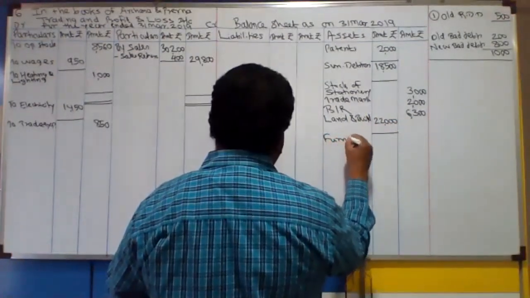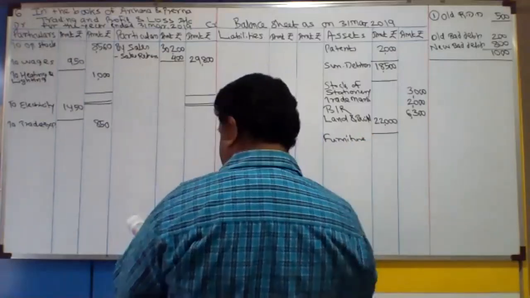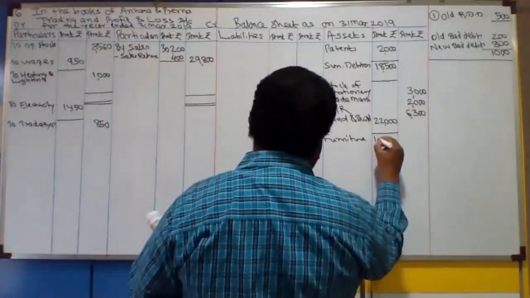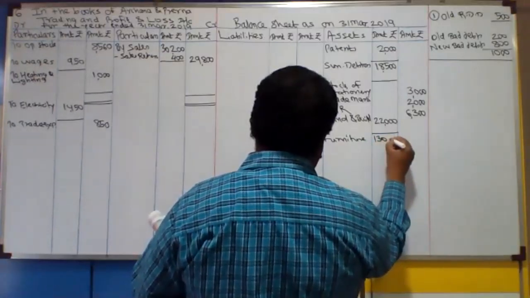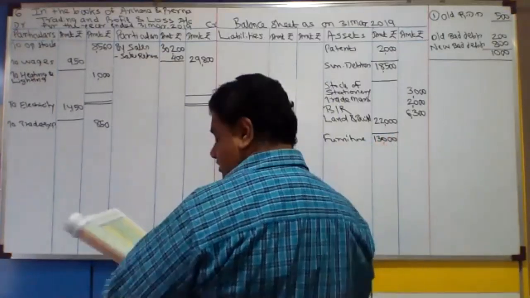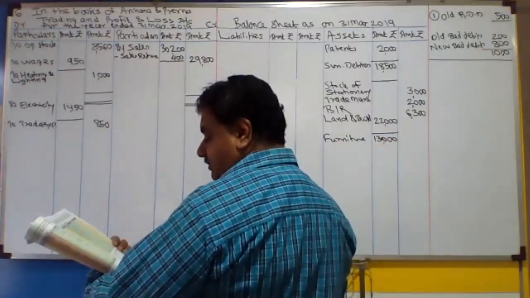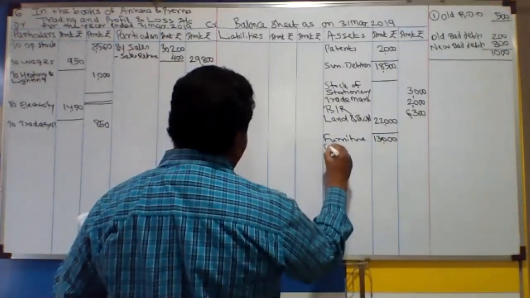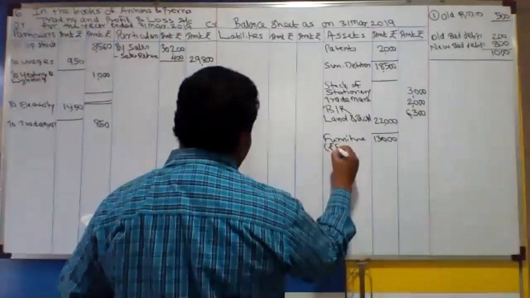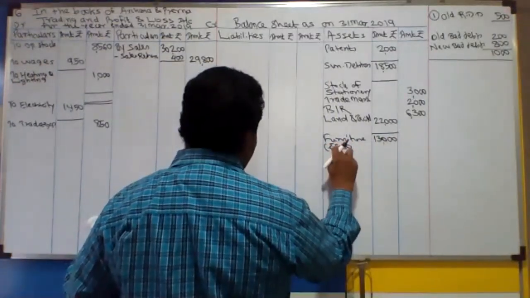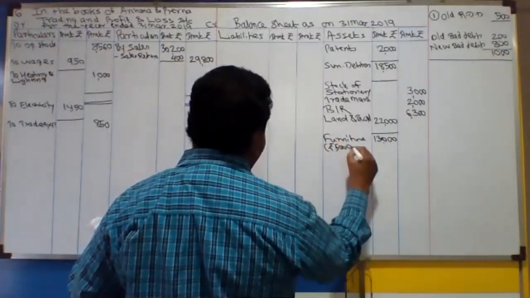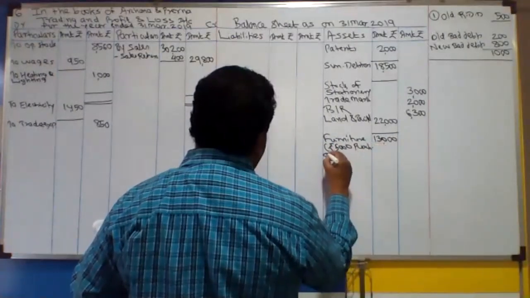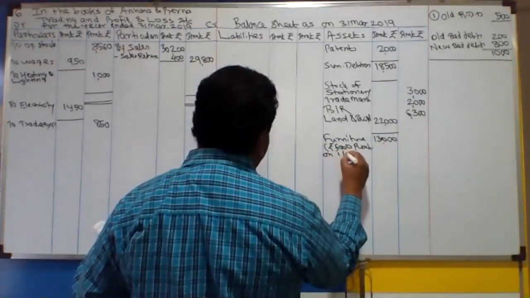Furniture. Your attention required, please. Furniture given to you is 13,000. But according to the information given in adjustment number 4, out of this 13,000, write in the bracket rupees 5,000 purchased. It is purchased in October 2018.